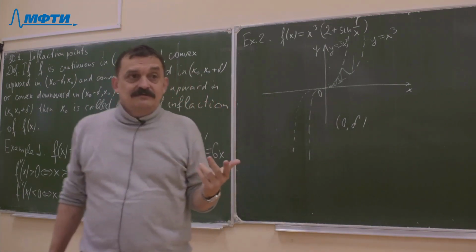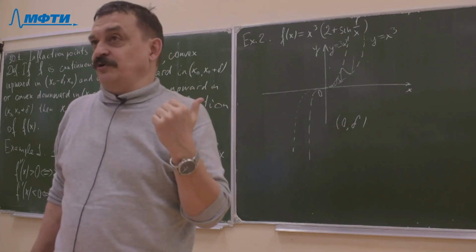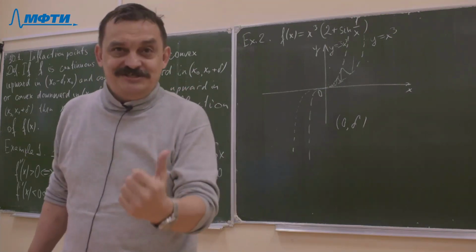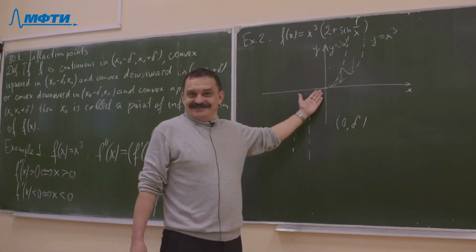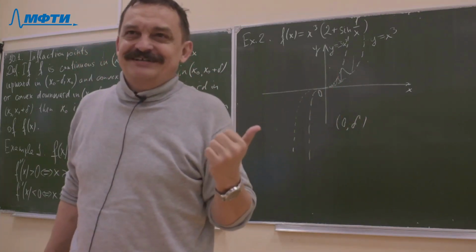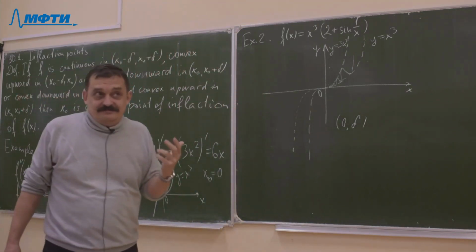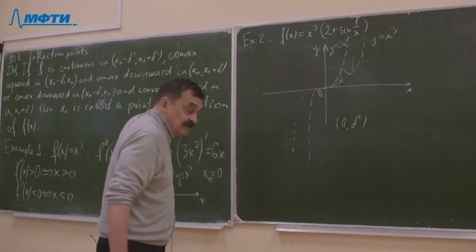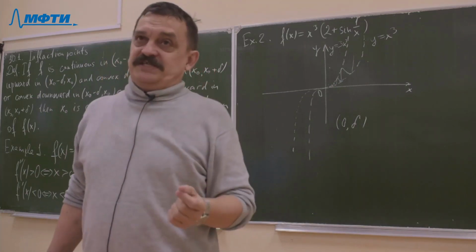But remember what I said before about inflection points, roughly speaking: the direction of convexity changes when we pass the point. It changes infinitely many times when we approach that point. So those words, that the function changes direction of convexity, are not precise.